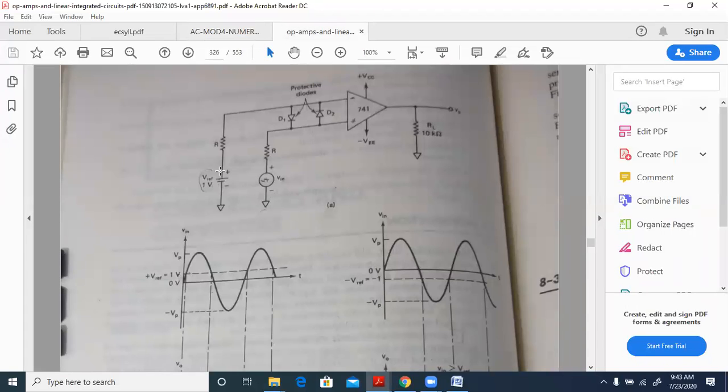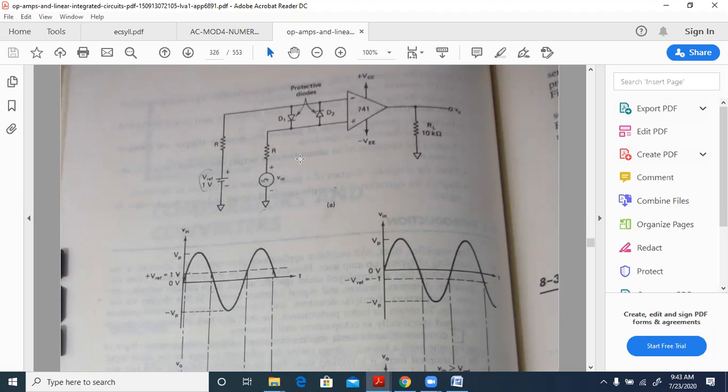You can see that here the reference voltage is connected to the minus and the input is connected to the plus. So when the input is connected to the plus and the reference voltage is connected to the minus, with the protective diodes over here, then this is known as the non-inverting or positive comparator, because the input is given to the positive.